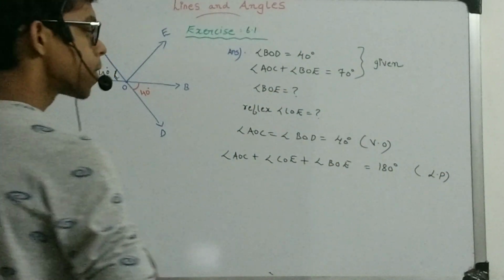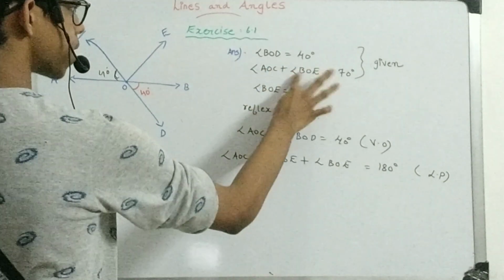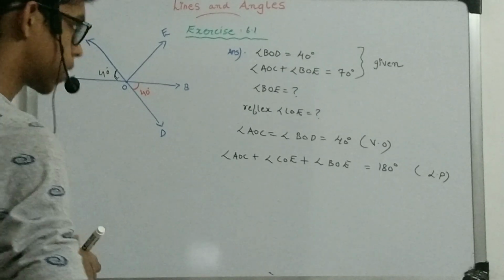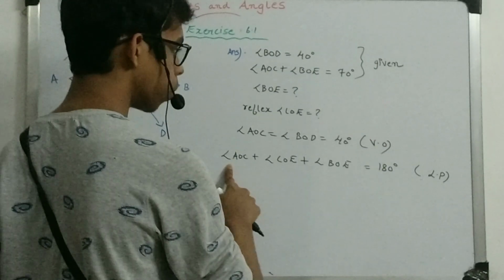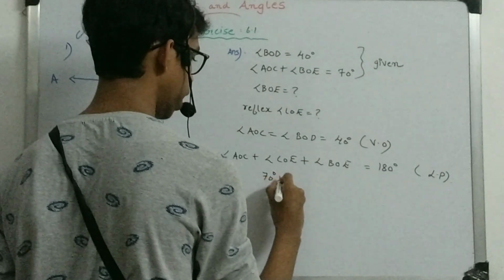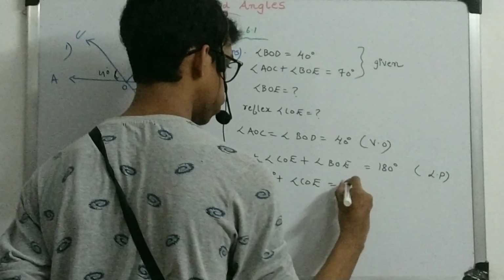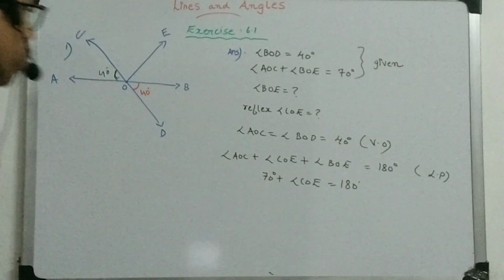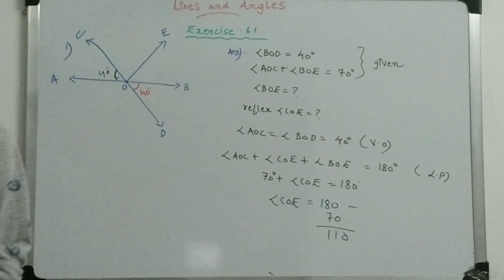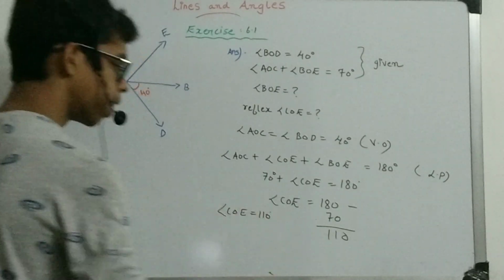Now in our question, angle AOC plus angle BOE is given as 70 degrees. So 70 degrees plus angle COE is equal to 180 degrees. When you subtract, you will get 110. COE is equal to 110 degrees.